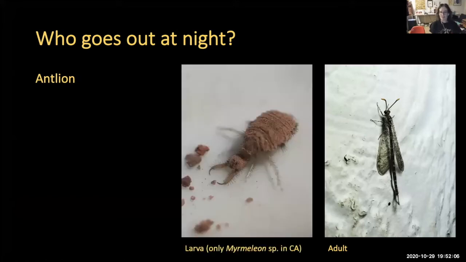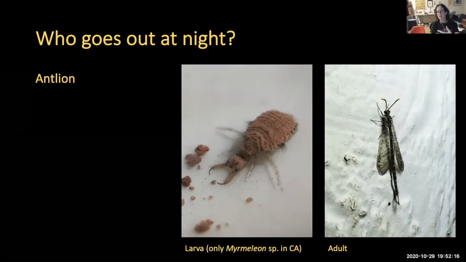They look like this, nothing like the adult, because they go through a complete metamorphosis like butterflies and beetles and ants. From an egg, they develop into a larva that feeds on insects in this case. Then after a few larval stages, they will transform into a pupa stage, which doesn't feed. And from the pupa, we'll get the adult.